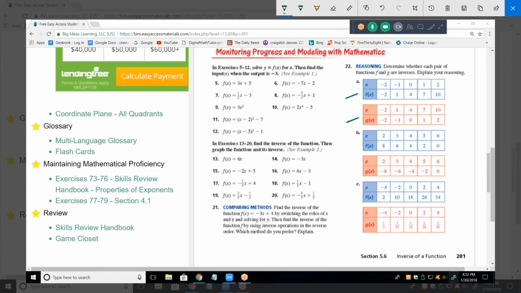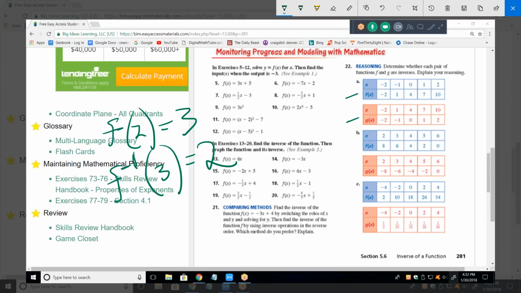Now, here's what's true about inverses. Let's go back to the problems we just did. If I said f of 2 was equal to 3, then by definition, f inverse of 3 is equal to 2.